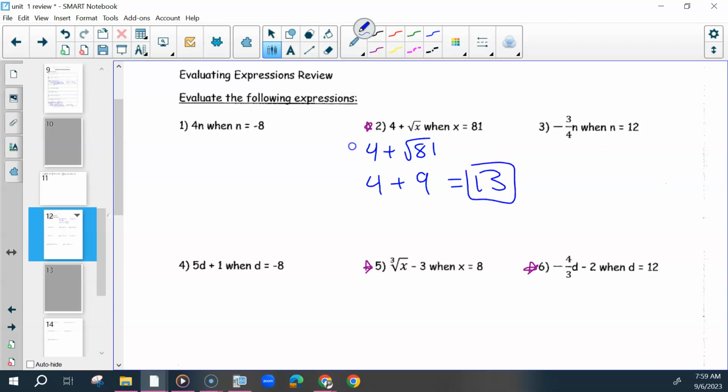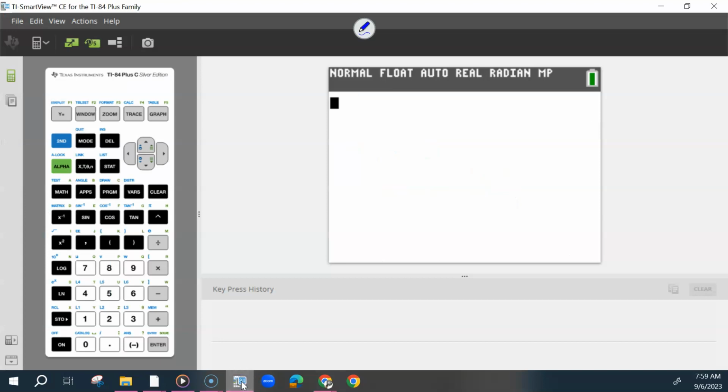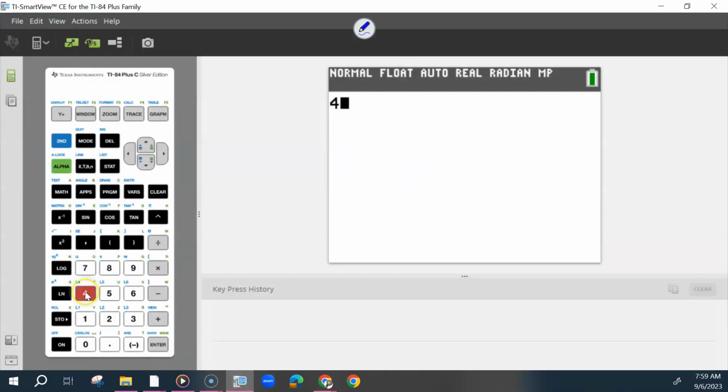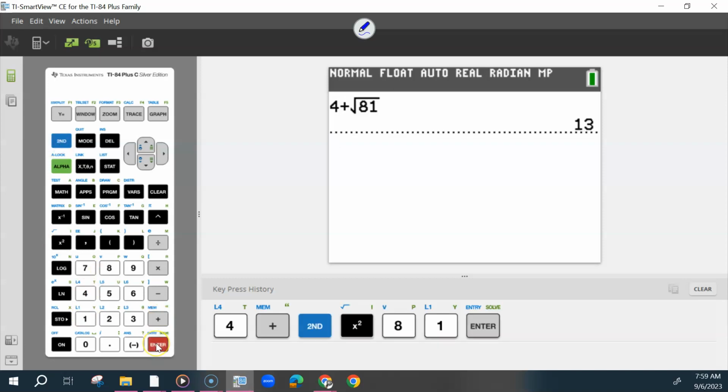Right, really quickly in your calculator, I'm going to show you because you won't have decimals. So you could do it as we did it in that first step, 4 plus the square root of 81. You get your answer. This is to double check yourself, put the numbers in, or you can put it in as the variable, which was x.